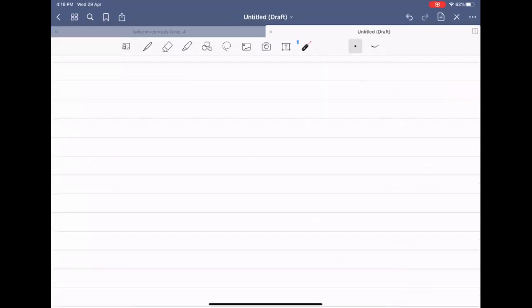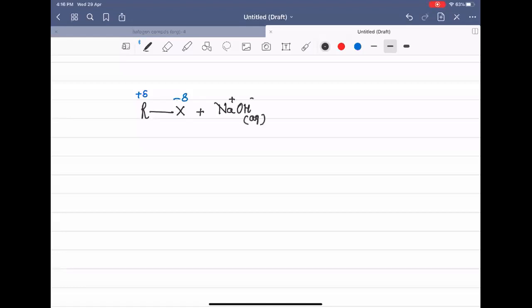Starting with, let's say, R-X, this is delta minus, and this is delta plus. And if you use NaOH aqueous, in water, OH minus predominantly would act as a nucleophile because it is highly solvated, and in solvated condition, it would generally act as a nucleophile.